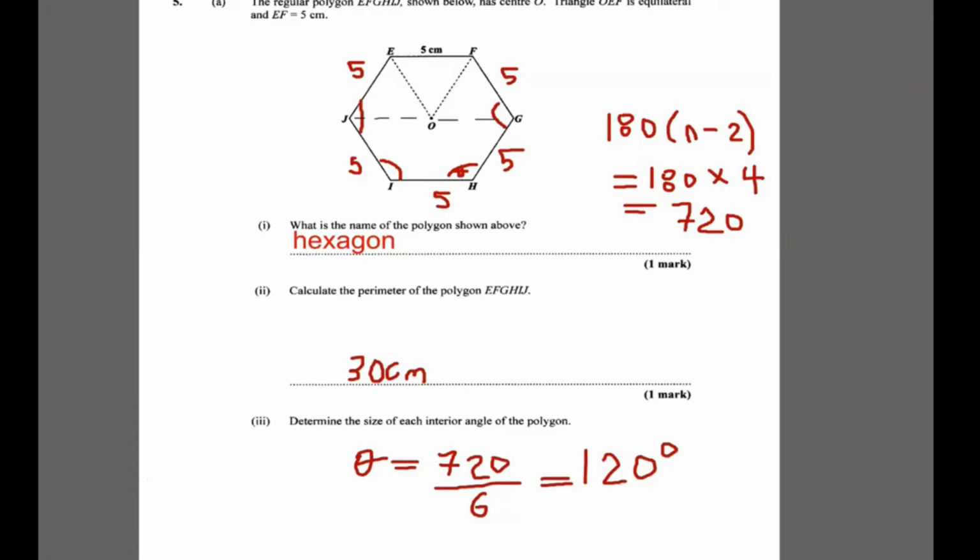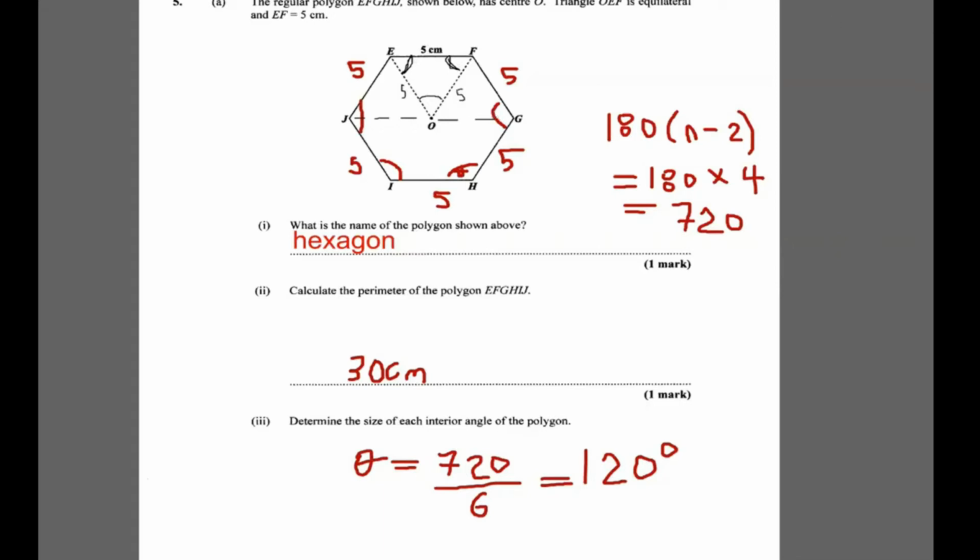Let's just put down what we know. Each interior angle is 120, so this angle is 60, this angle is 60, and this angle is also 60. This is the equilateral triangle, and so this is 5 and this is 5.